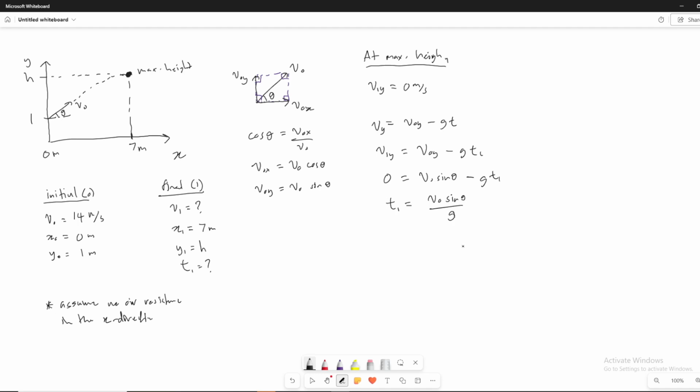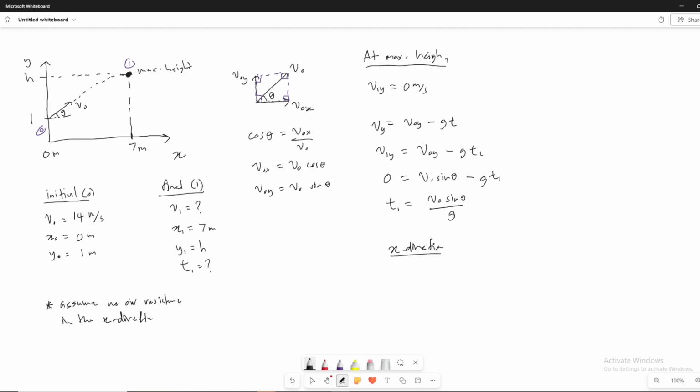At this point, this is point naught and this is point 1. That was the y direction, and now let's look at the x direction.